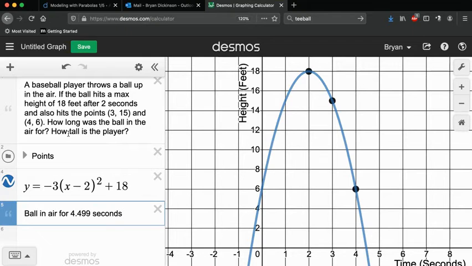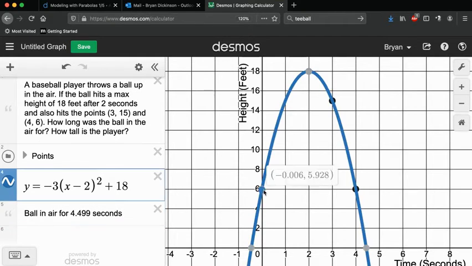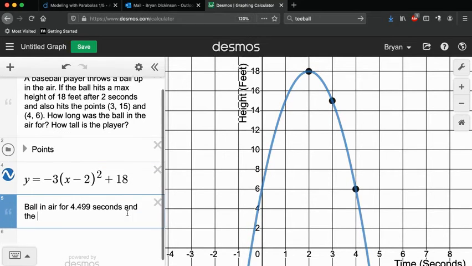Next one is how tall is the player? Well, I guess the player's height would happen when the ball first starts its path, which would be at time 0, right? So if I go up and look at time 0, the height is 6 feet, then I'm assuming that that player is 6 feet tall.